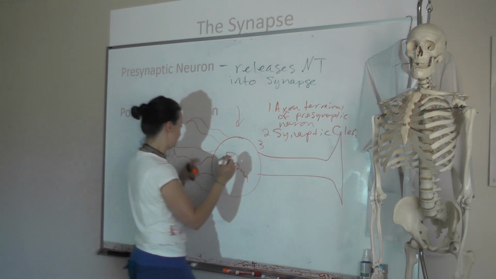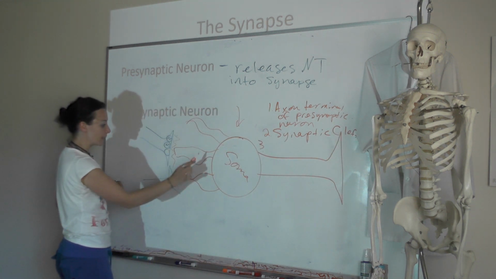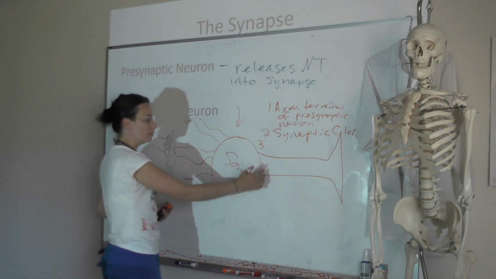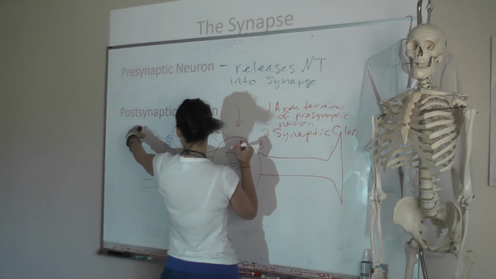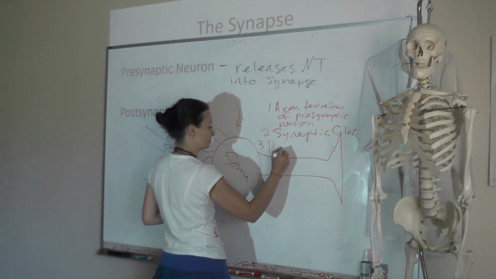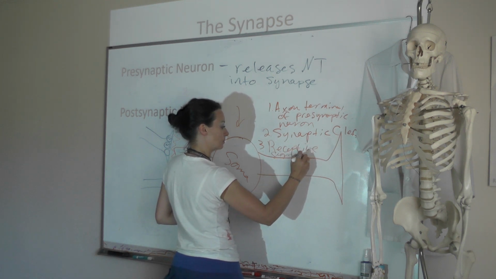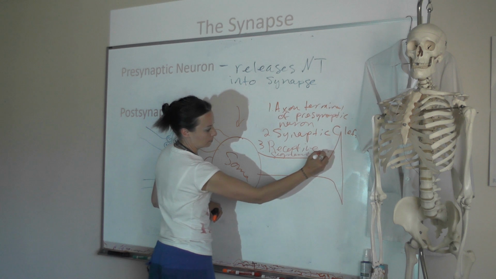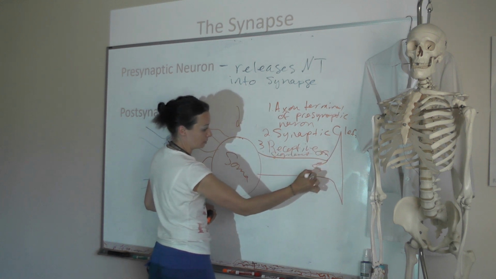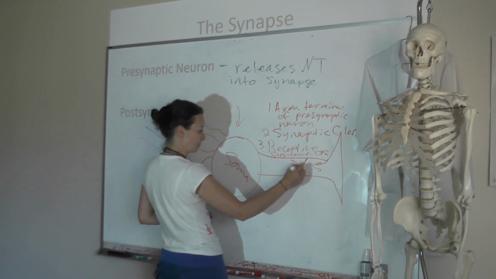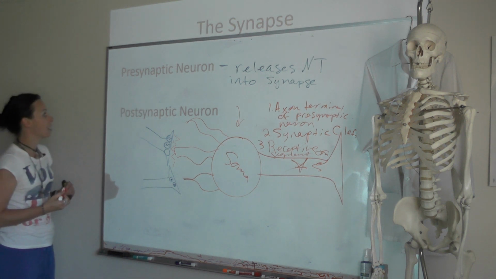And three is either the dendrites or the soma, some part of the receptive segment of the postsynaptic neuron. And I'm just going to do an arrow here because this guy's our postsynaptic neuron, and we already said that.